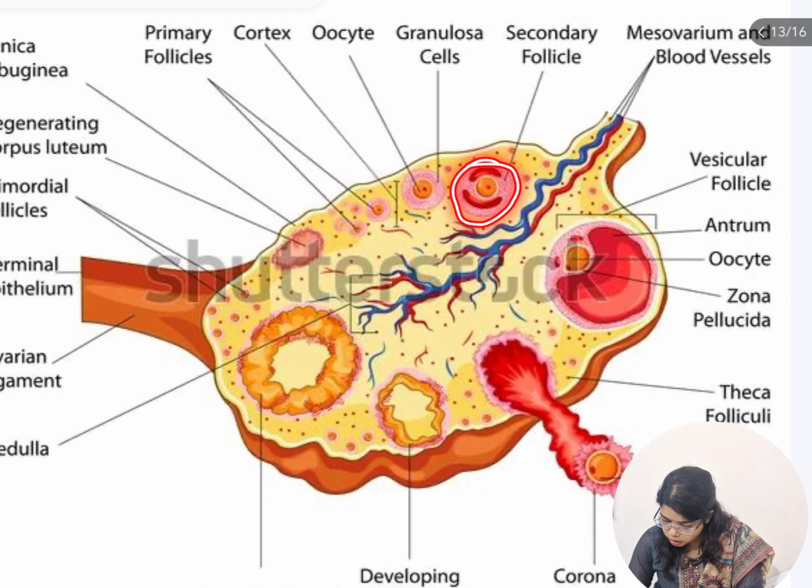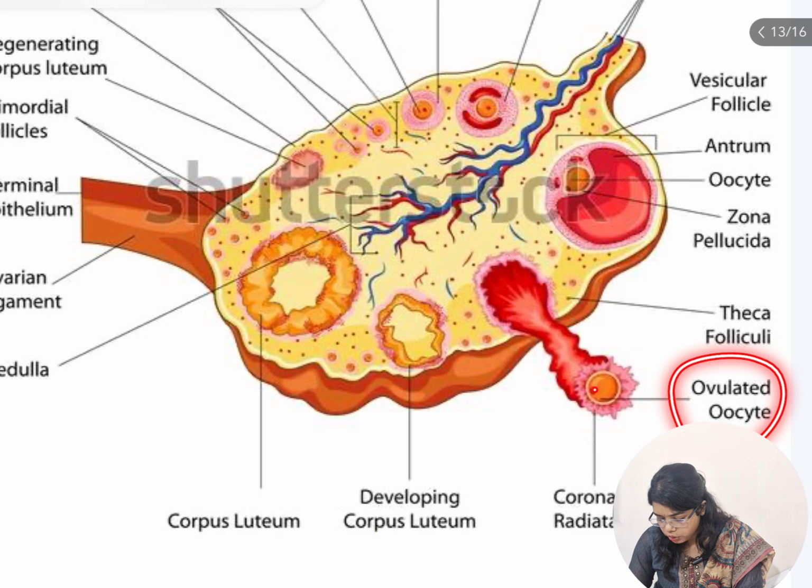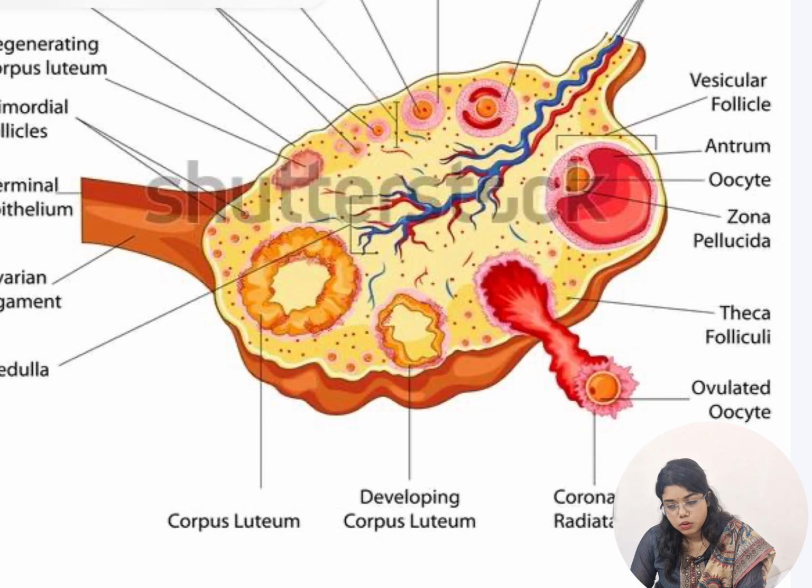This one is the secondary follicle; only little fluid is appearing, and here it is a total fluid filled cavity. This is called the Graafian follicle. After that, during ovulation, this is the ovulated oocyte. The secondary oocyte is removed, and this one is the remaining part.